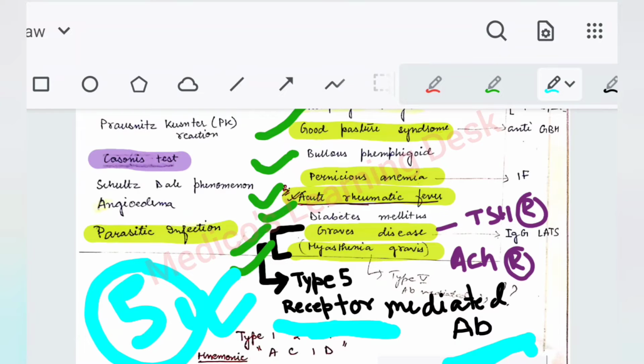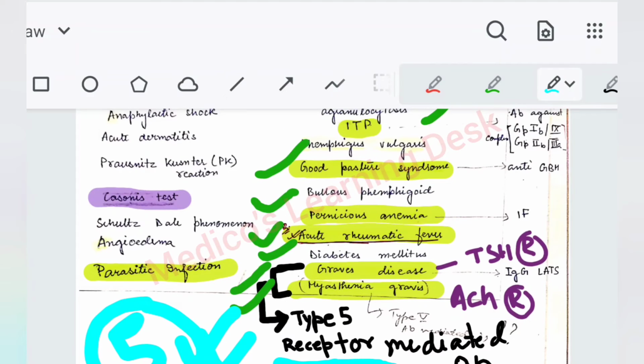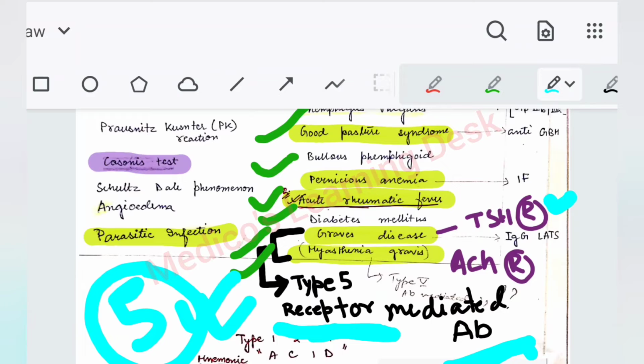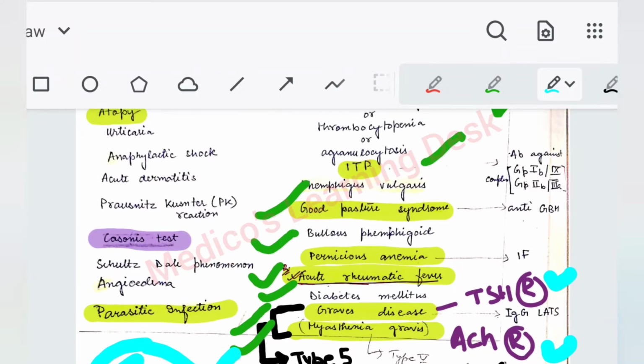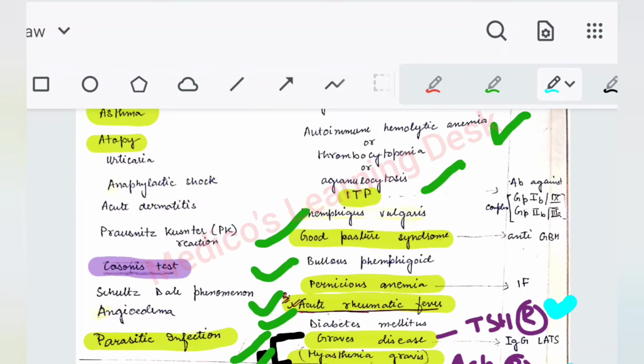Okay, so in Graves disease, what is the receptor involved? That is TSH receptor, and in myasthenia gravis it's the acetylcholine receptor involved. Okay, now we will see what other antibody mediated diseases are there. In Goodpasture syndrome, it is anti-GBM antibody.